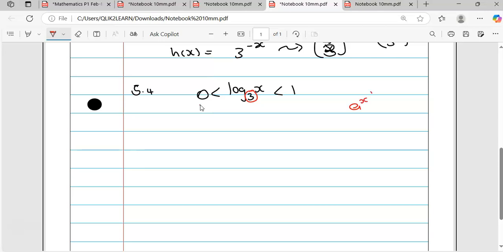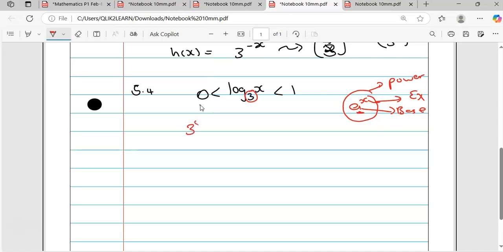The whole of this thing we call a power. Then we call a the base, and x is your exponent. So now make sure that you write everything to base 3. Write everything in that equation to base 3.